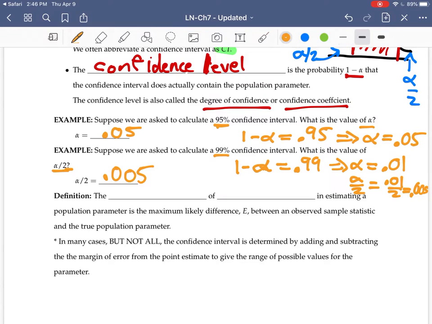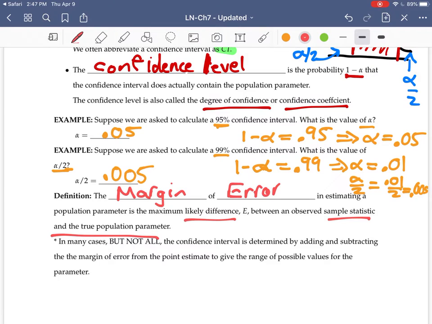The one other term that we'll define at this moment is the margin of error. The margin of error in estimating a population parameter is the maximum likely difference between an observed sample statistic and the true population parameter. In many cases, we're going to subtract the margin of error from a point estimate and add it to a point estimate to generate a range of values.